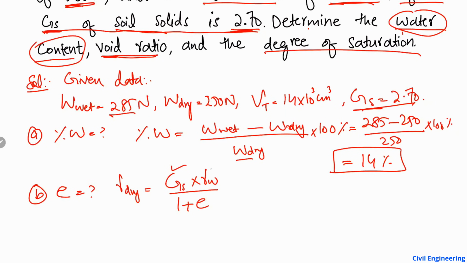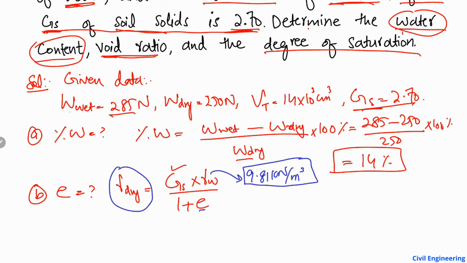Gamma W, the unit weight of water, is also known to us. You should keep this value in your heart: gamma W is always 9.81 kilonewton per cubic meter. It is the standard value. Then the only unknown is the void ratio, but the dry unit weight is also unknown, since in the given data we don't have the dry unit weight of the soil sample, but we can find it by another method.